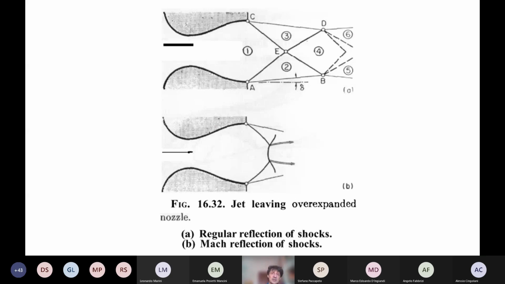In the overexpanded condition, we have the generation of a shock here. Because of this overexpansion, we have no separation, and this shock can lead to a regular reflection or to a Mach disk, or Mach reflection. So a regular reflection on top here, or a Mach reflection here.